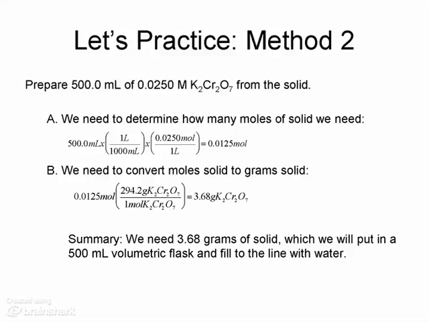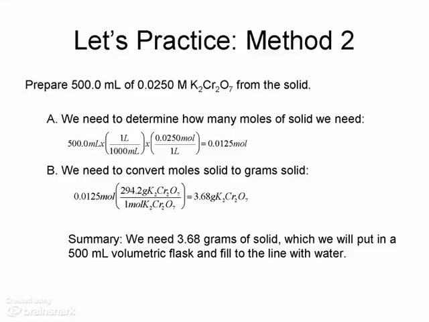We want to convert that to liters since molarity is always given per liter. So times 1 liter per 1,000 milliliters. And then we multiply that again by the molarity to cancel out liters and solve for moles. So we multiply that by 0.0250 moles per liter. And from that we get that we need 0.0125 moles of potassium dichromate.